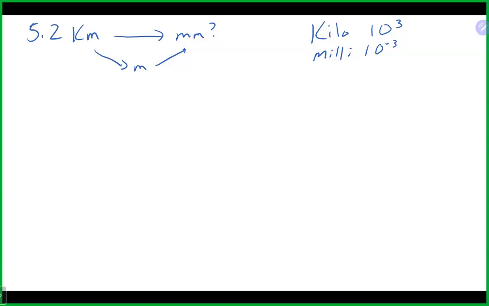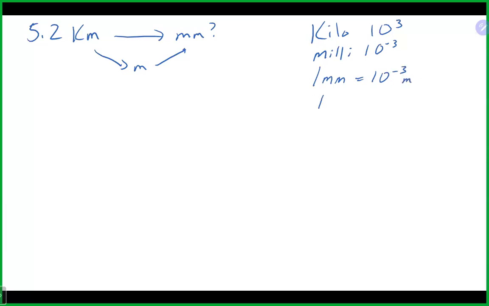So obviously kilo, we got a prefix, and we got milli, which again is 10 to the 3 for kilo, 10 to the minus 3 for milli. That once again is 1 times 10 to the 3 for the kilo and 1 times 10 to the minus 3 for the milli. As we saw a second ago, that means in 1 millimeter, there is 10 to the minus 3 meters.